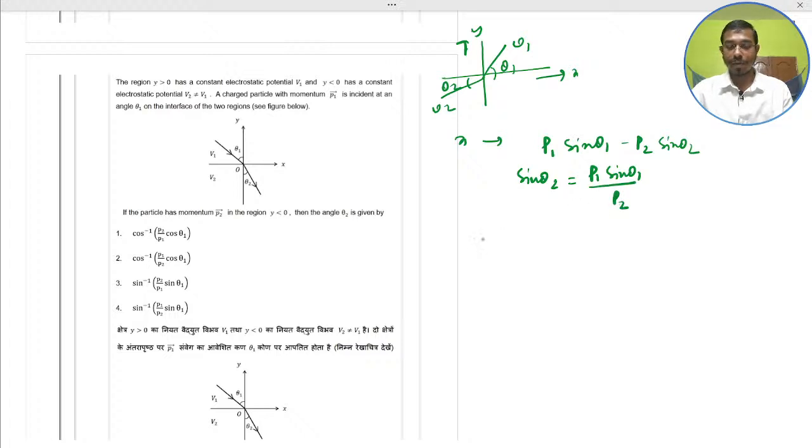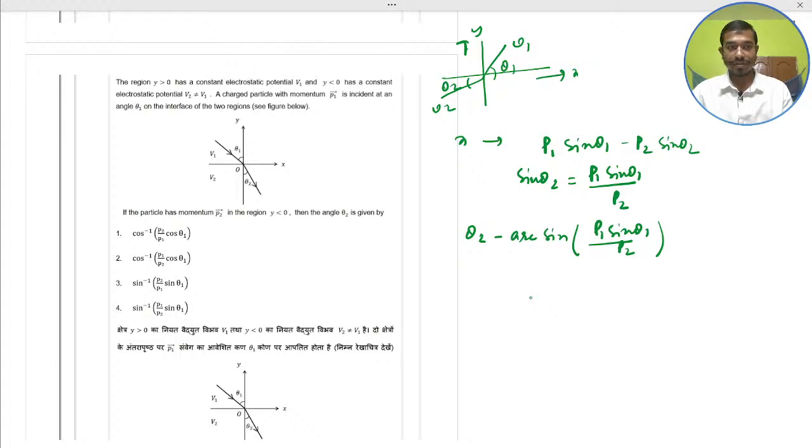Taking the inverse to solve the theta 2, that the theta 2 equals arc sin of P1 sin theta 1, put this value, divided by P2, okay, and this would be the answer.